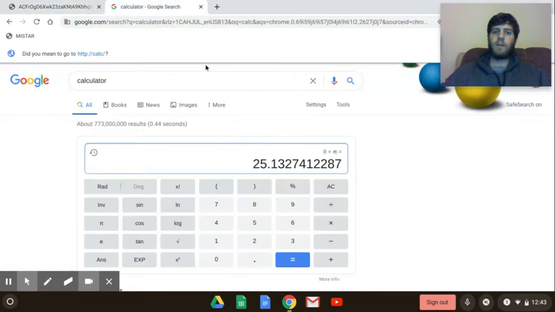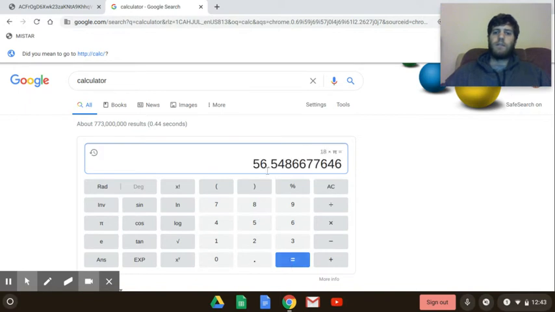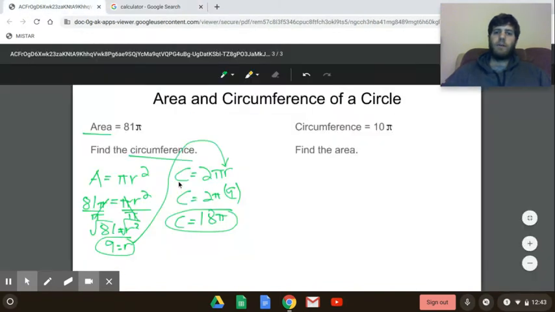Or we could put it in the calculator and do 18 times pi, which is 56.55. So it's approximately 56.55, right? But again, this is your better answer because it's not rounded off. This answer is rounded off, so it's really only an approximation. This is an exact answer.